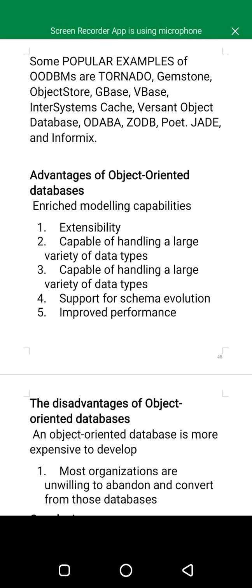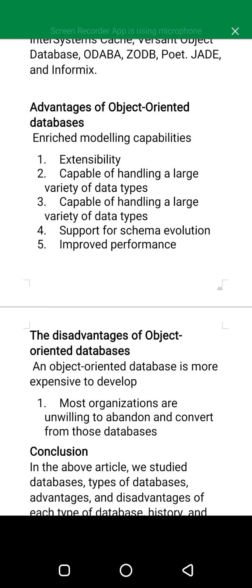Advantages of object-oriented databases. Number 1 is enriched modeling capabilities. Number 2 is extensibility, which means it can be extended. Number 3 is object-oriented databases are capable of handling a large variety of data types.